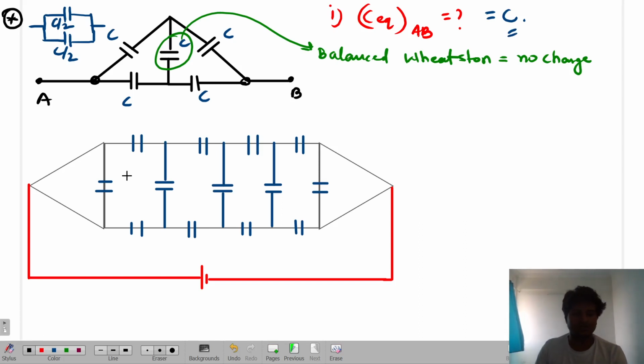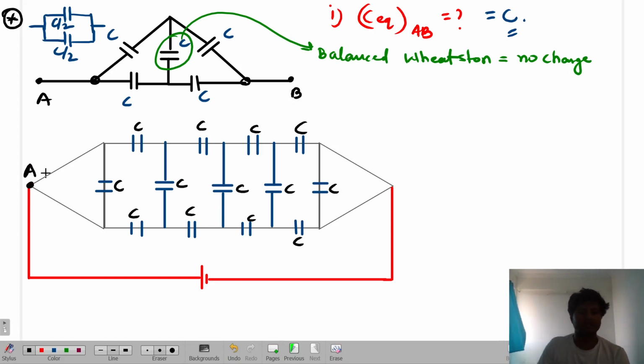There is this question that all the capacitances are C. Then find the net capacitance between A and B. So this you do not know.